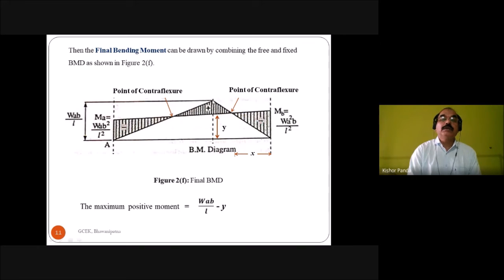This is WAB by L, so you have to deduct this distance Y. WAB by L minus Y gives the maximum positive moment at C. So how will you find out this one? Because here, this side is MA and this side is MB. This is a trapezium, this is a trapezium. So how will you find out this one?